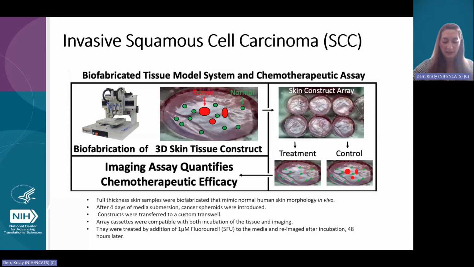The array cassettes were compatible for both incubation and tissue imaging. The tissues were treated by the addition of 1 micromolar of fluorouracil, or 5-FU, which is an extremely common chemotherapy. This was added to their nutrient-dense media underneath and then re-imaged after incubation, which was 48 hours after addition.